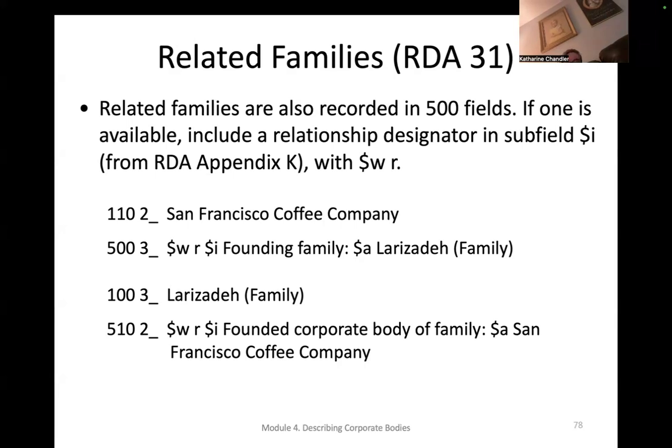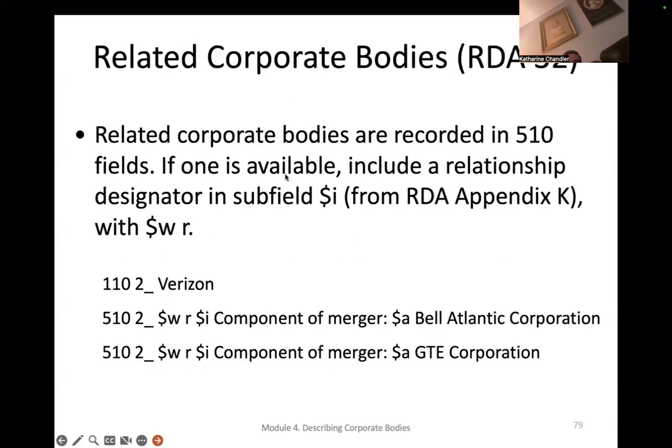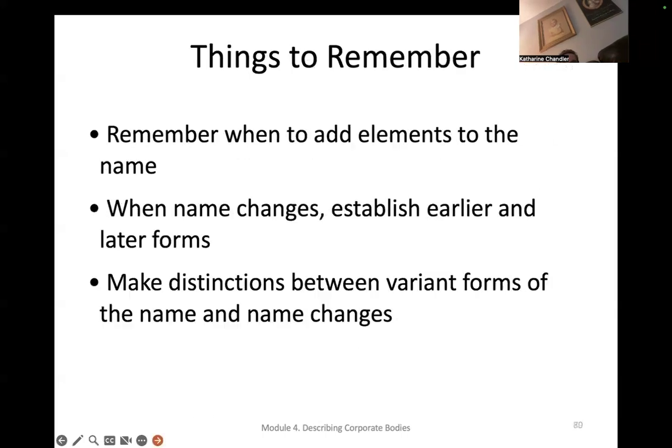If one is available, include a relationship designator in subfield I from RDA Appendix A with subfield WR. Related corporate bodies are recorded in 510 fields. If one is available, include a relationship designator in subfield I from RDA Appendix K with subfield WR.